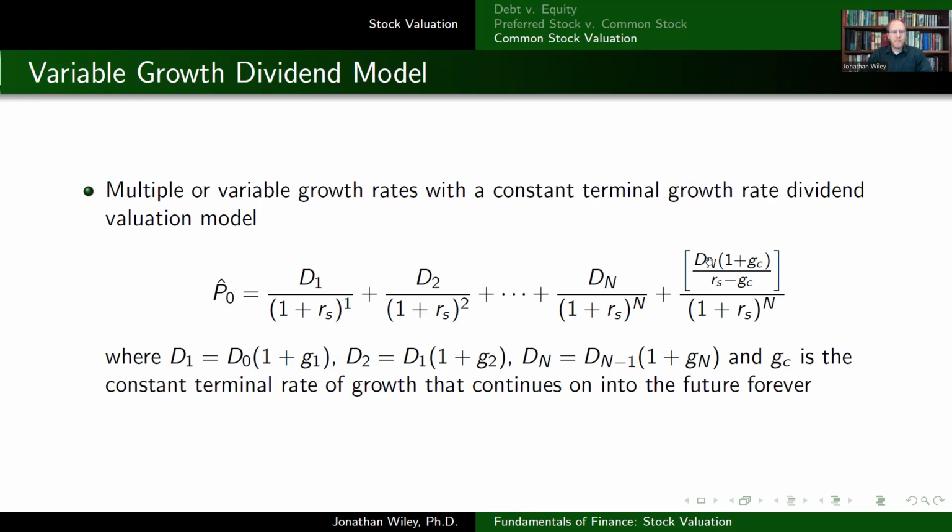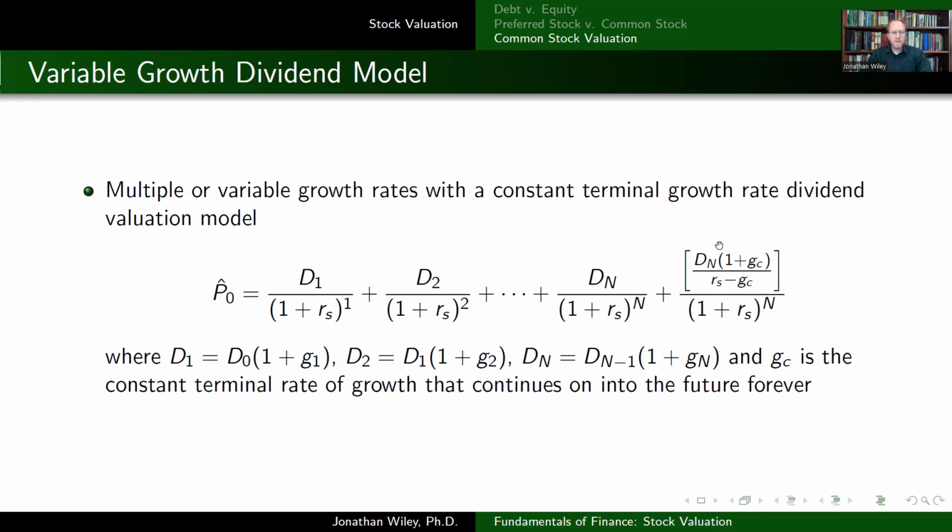And that's going to give me my D as of year n plus 1. In other words, 1 year beyond. So I'm going to find whatever that number is, and divide that by RS minus GC. The G here would be the 0.05 in my little example. RS would be whatever my required rate of return is.